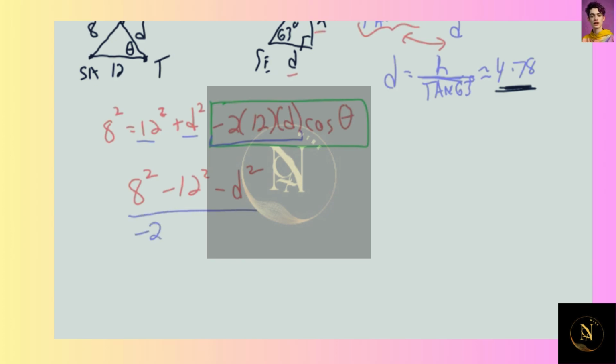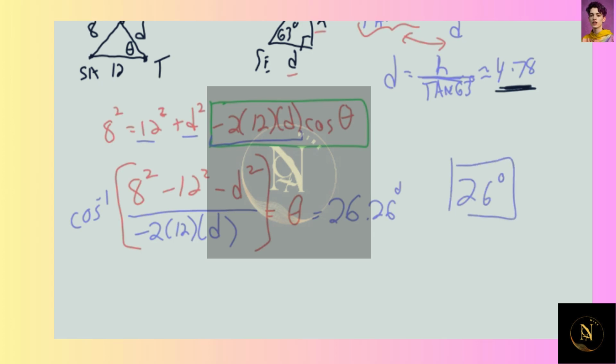Negative 2 times 12 times d, and that's going to equal the cosine of theta. Well, the way I solve for theta, if I have cosine of theta, is to apply the cosine inverse to both sides, right? So I have to do the cosine inverse of that mess. And when I do that, I get that theta equals 26.26, and it says round to the nearest whole degree, which would be 26 degrees. So that's the angle that you would see if you're standing at the base of the tower.